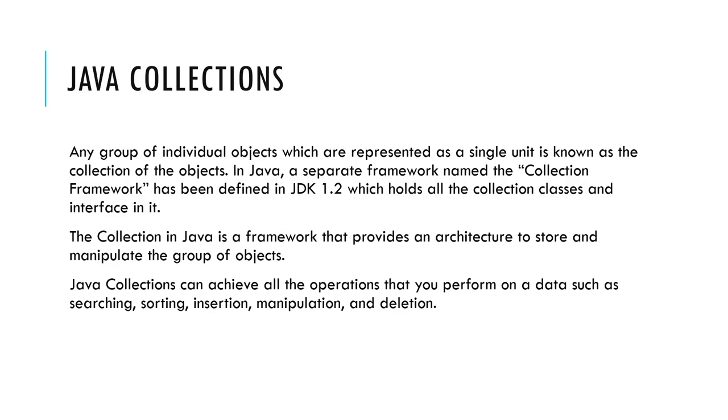In this case, any group of individual objects which are represented as a single instance, we can call a collection of the objects. This framework was also introduced in JDK 1.2.